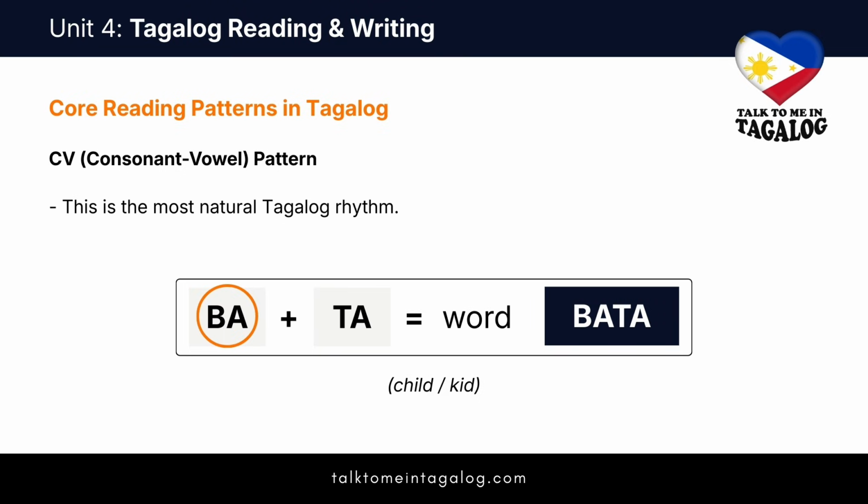For example, the syllable ba plus the syllable ta gives us the word bata, which means child or kid in English. This pattern is at the heart of how Tagalog words are built. By the way, you don't need to memorize the reading patterns. They are just guides to help you understand how to read Tagalog words. Focus on learning, not memorizing.